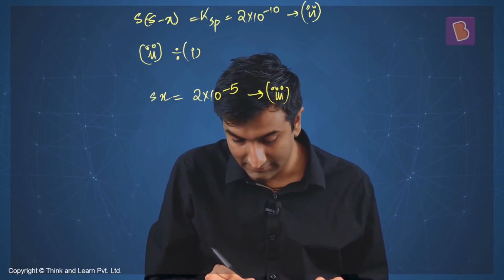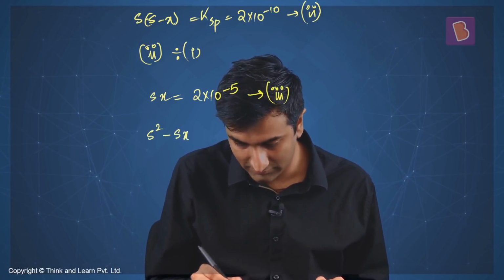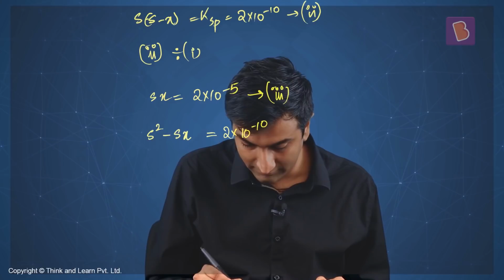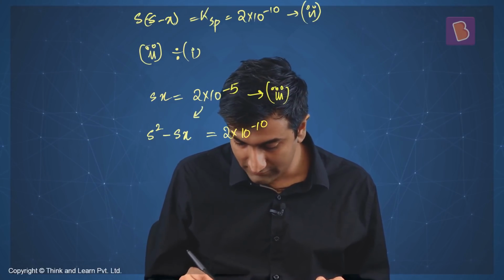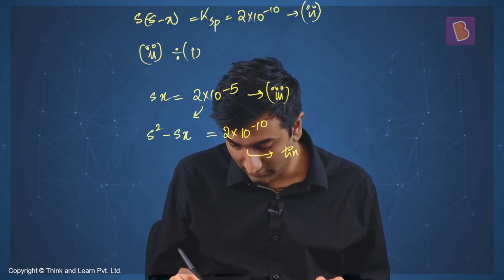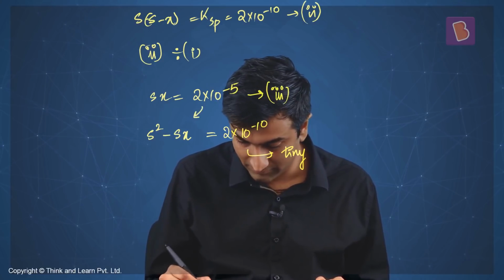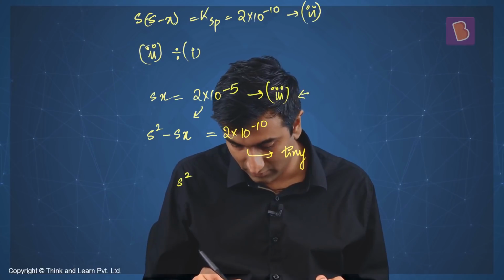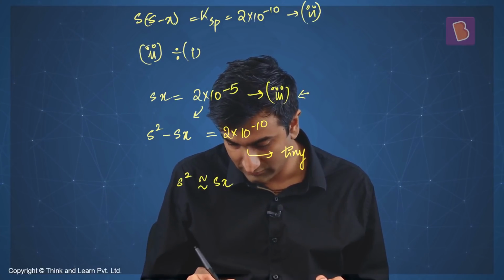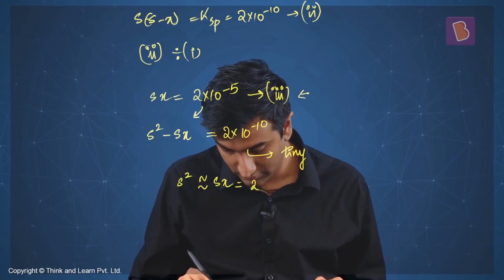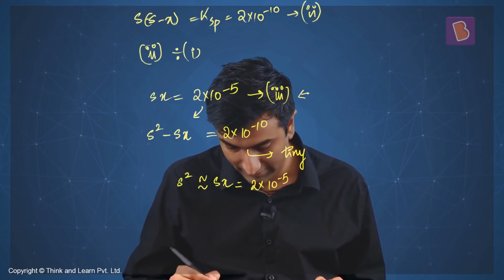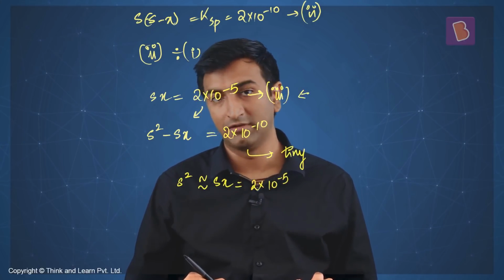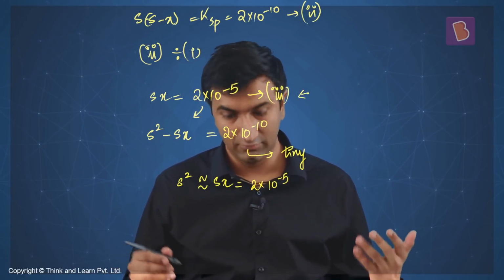So I know what SX is, and I also know that S square minus SX, which is the second equation, is 2 into 10 power minus 10. So all I need to do is plug this here. Because this value is really tiny in comparison to expression 3 over here, I can kind of ignore it altogether. So S square is almost going to be equal to SX, which is this value right here, 2 into 10 power minus 5. This is an important approximation that you should make here to be able to figure out the S value right away.